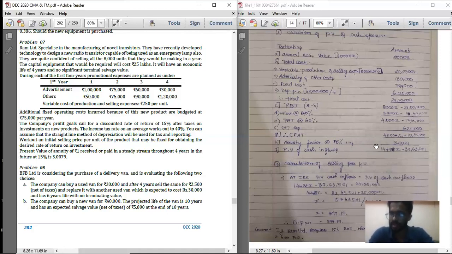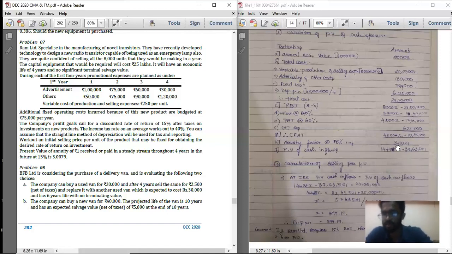4,800x into 3.0079. You are getting 14,438x. Then minus 10,85,000 into 3.0079.